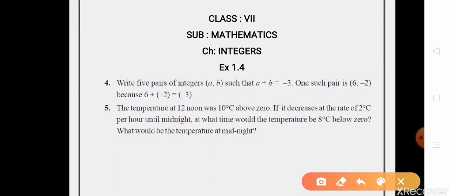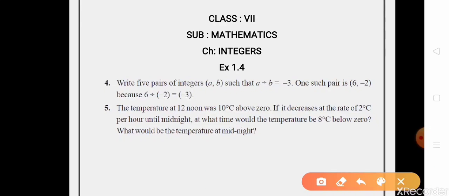Whatever answer you get, you calculate your time according to that. I know it's a very easy calculation. You will be getting 4. So from 12 noon, that is 12 p.m., you start calculating the time after 4 hours. And that is going to be your answer of the first part.